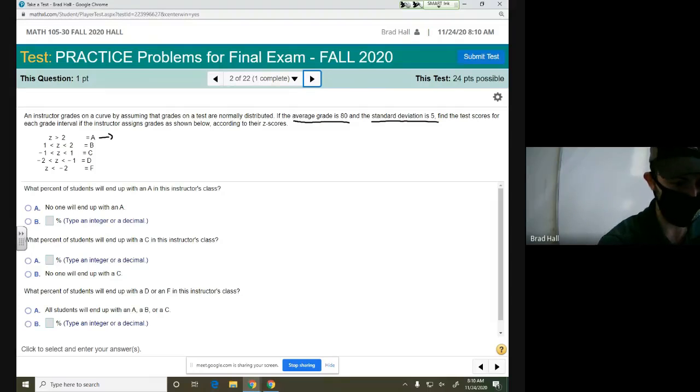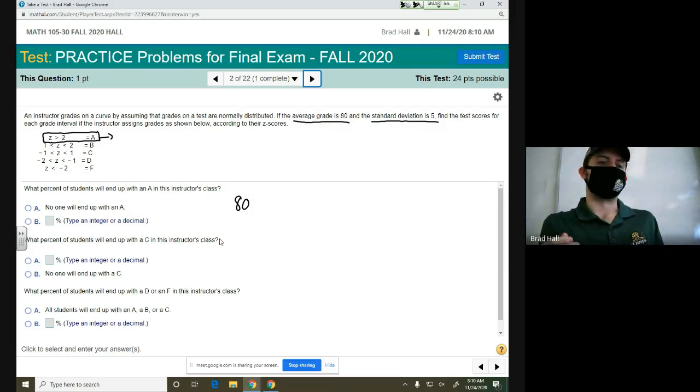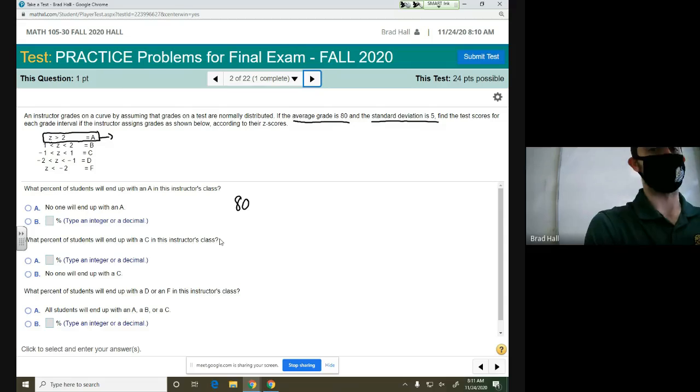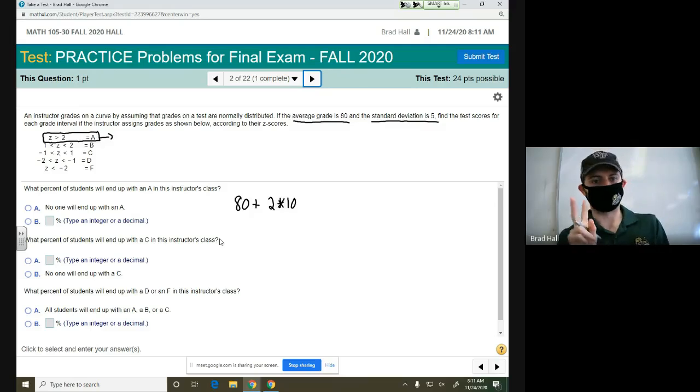If the average is an 80 and an A corresponds to when the z-score is greater than 2, well, that means we have to add the standard deviation twice. 2 times the standard deviation, because the z-score is 2.